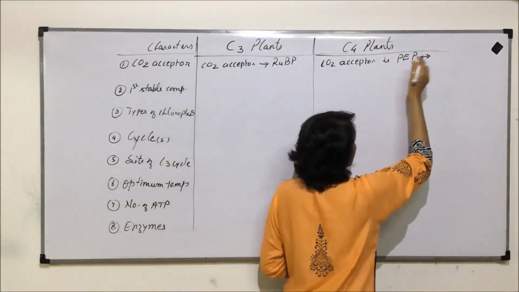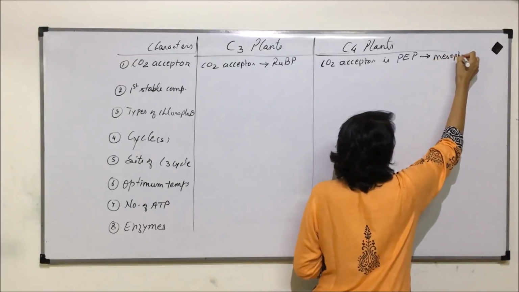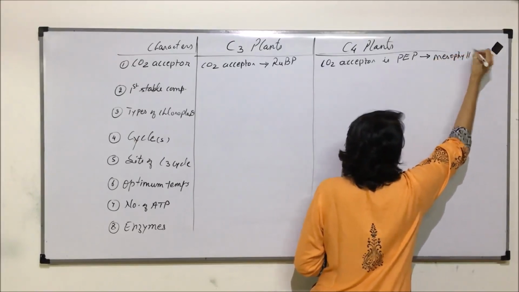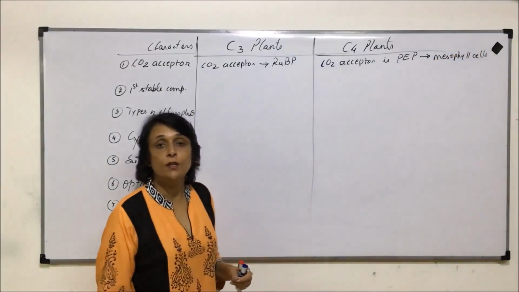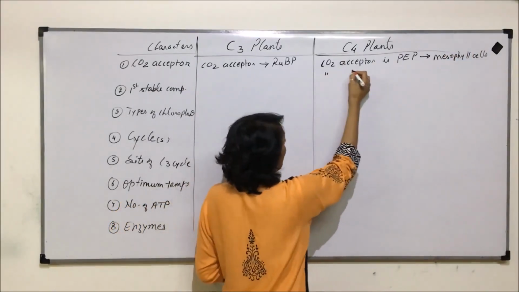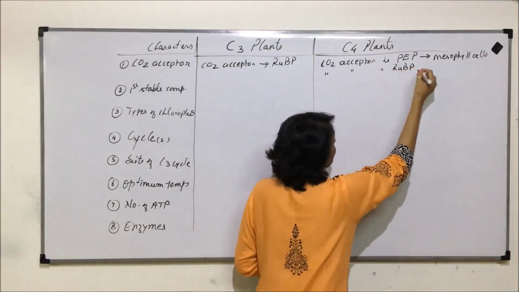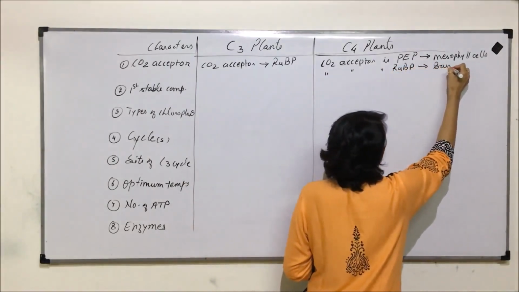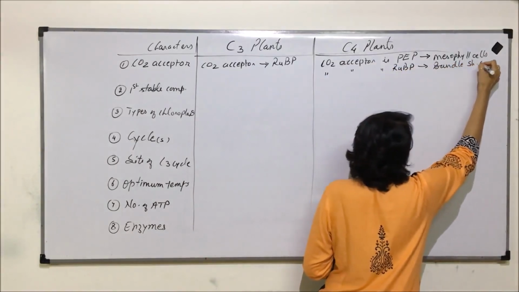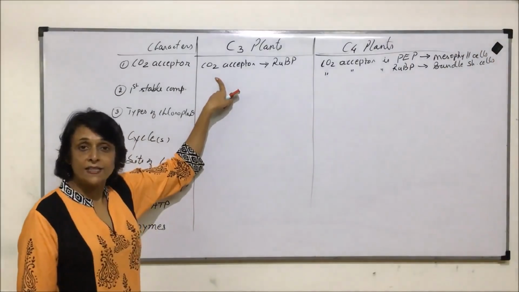So here we will specify that this is in mesophyll cells, or it can also be termed as first carbon dioxide acceptor, and the carbon dioxide acceptor is RUBP in bundle sheath cells. So these are the acceptors.